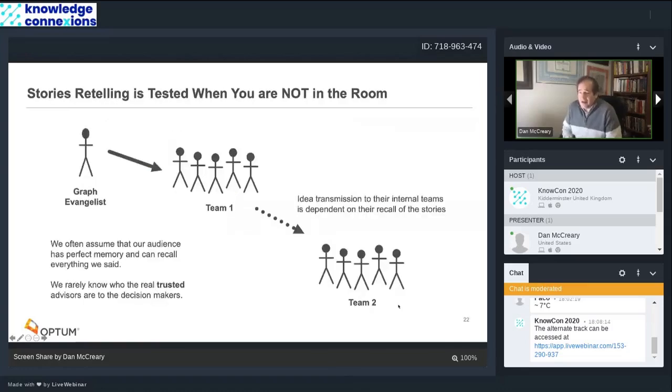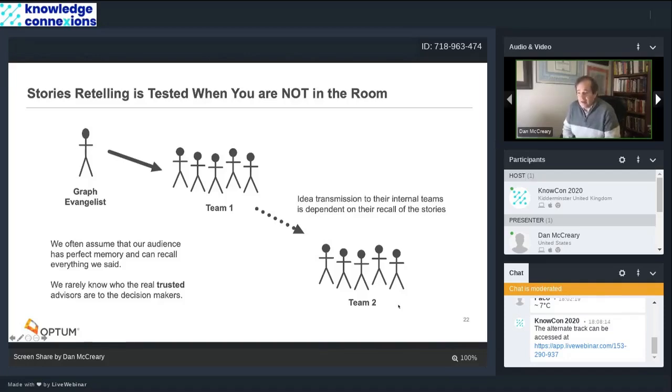So this retelling is something that has to be transmissible through not just one presentation, but you need to be able to give this to teams and allow those teams to then retell these stories to other teams while you're not in the room. And that means that you have to use memory devices to help them remember the key facts.